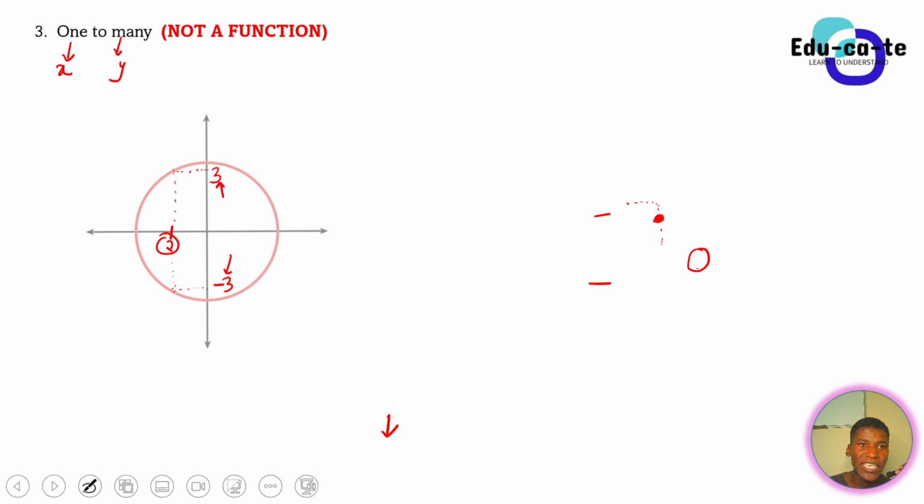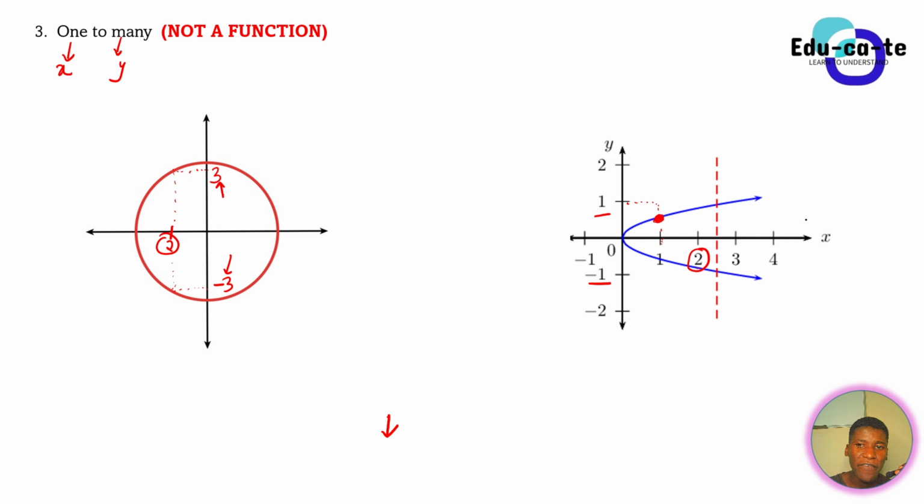For example, in a one-to-many relation, if you put a vertical line like this red line here, it intersects twice. It intersects here at this point, and it also intersects at this point. So it's intersecting at 2 points, which means that this is not a function. So that's how you test.